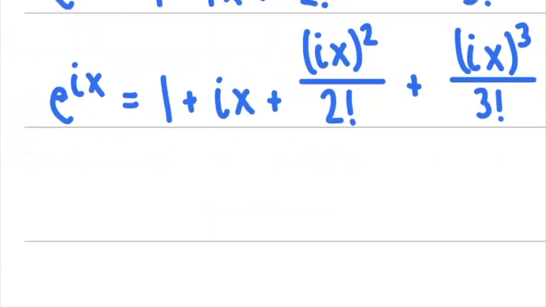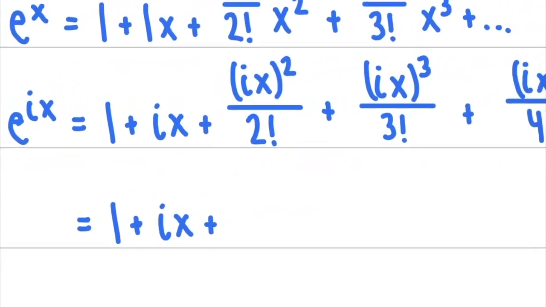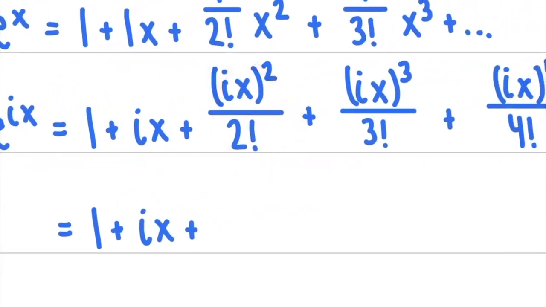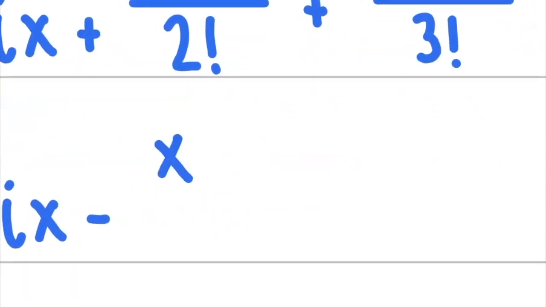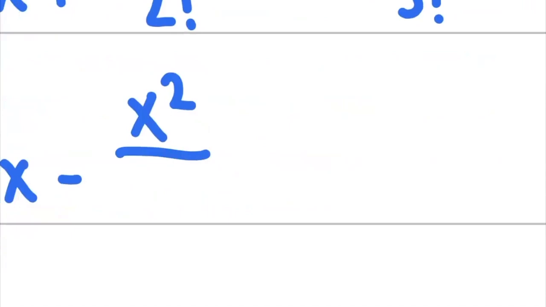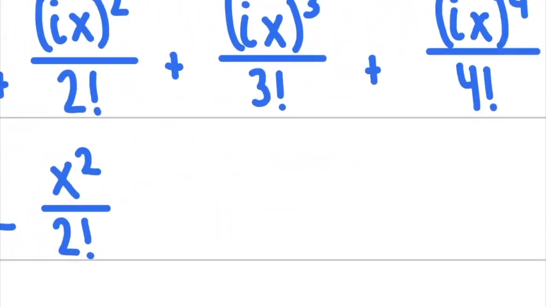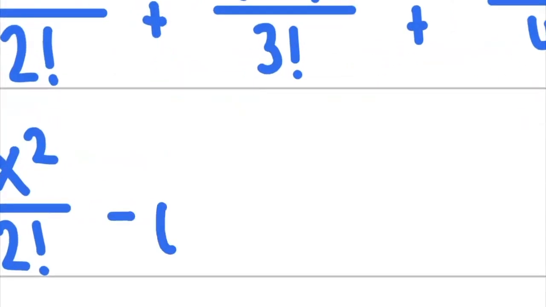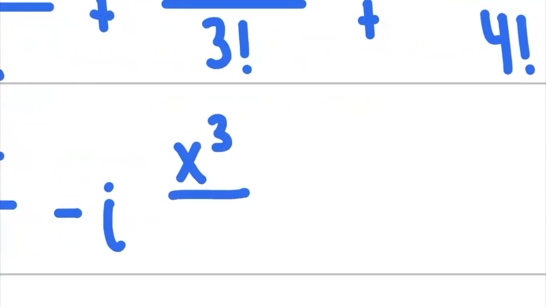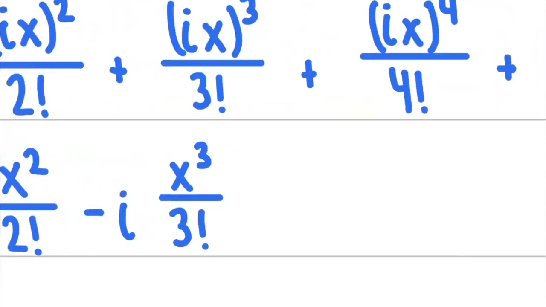So 1 plus ix, we can't do anything to that. Over here, for this term, we have ix, that quantity squared. So that's just i squared times x squared, and i squared is -1. So it's just going to be minus x squared over 2 factorial. And for this term, i cubed is just -i, so this becomes minus i x cubed over 3 factorial.